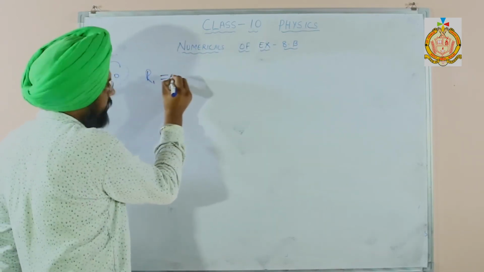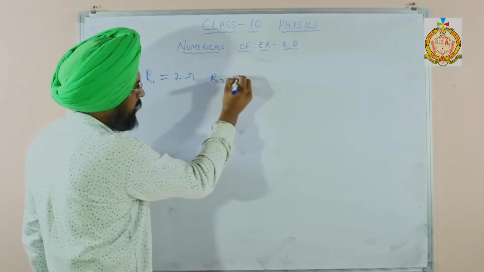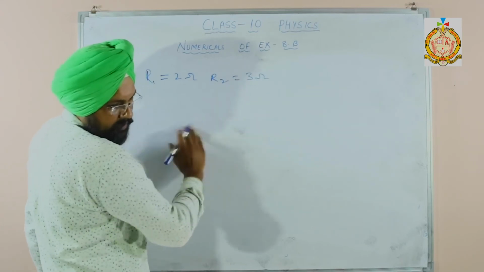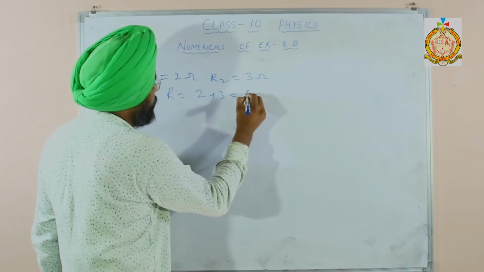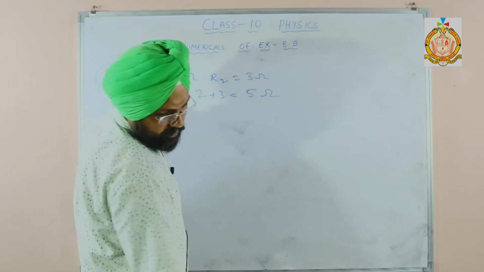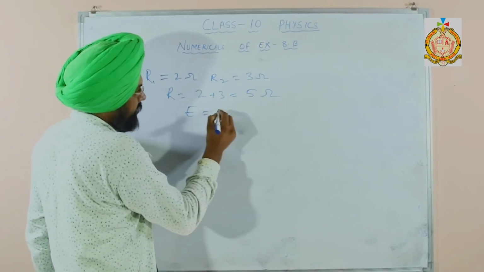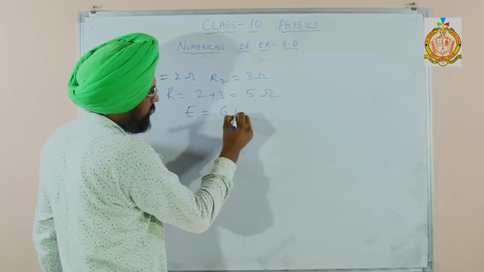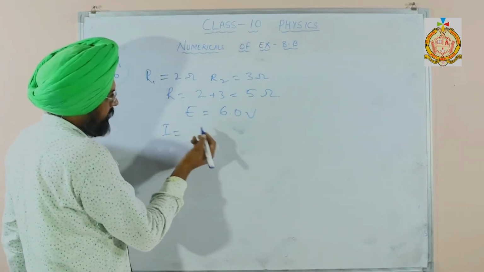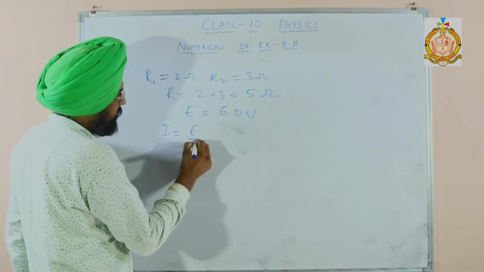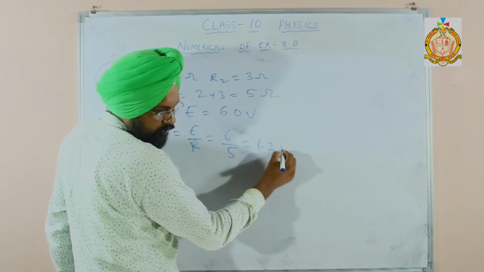R1 is 2 ohm, R2 is 3 ohm, then the total resistance is 2 plus 3, it becomes 5 ohm. Then E, that is volt, the potential difference, we have 6 volt. Now current I is equal to E upon R or V upon R, that is 6 upon 5.